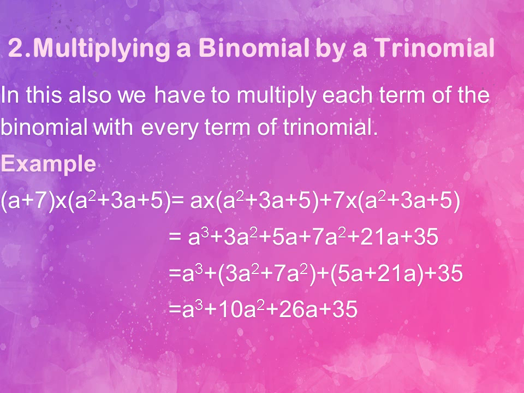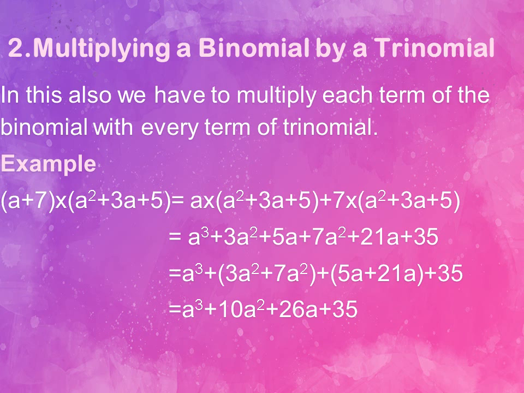So here a into a square is a cube, a into 3a is 3a square, a into 5 is 5a, plus 7 into a square is 7a square, plus 7 into 3a is 21a, plus 7 into 5 is 35.